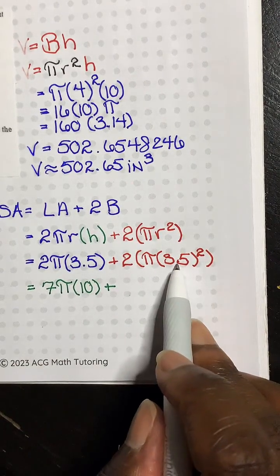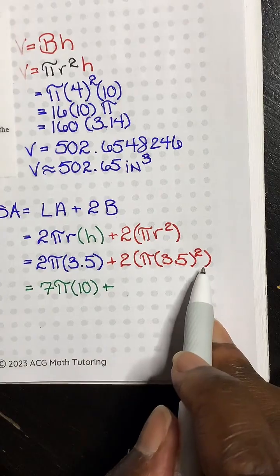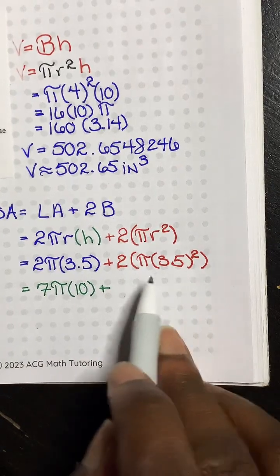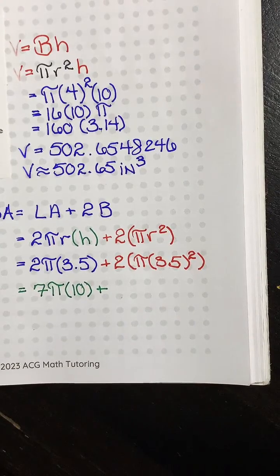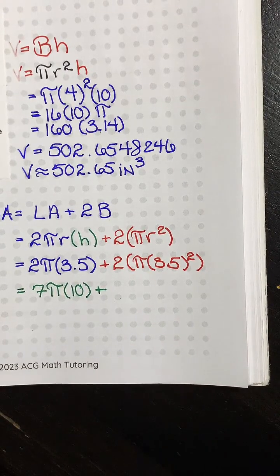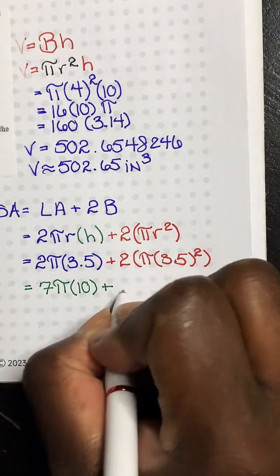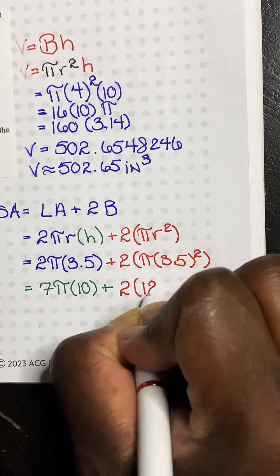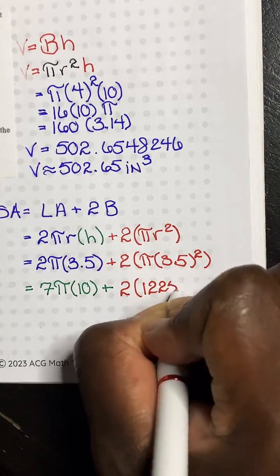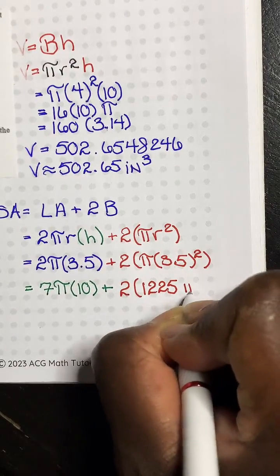So this is 3.5 squared, not 3.5 times 2. So this is not going to give us a 7. It's almost like saying 35 squared, so that's like 1225. So we have 2 times 1225 pi.